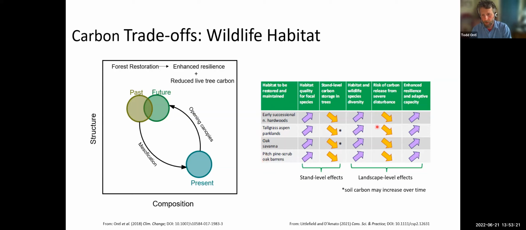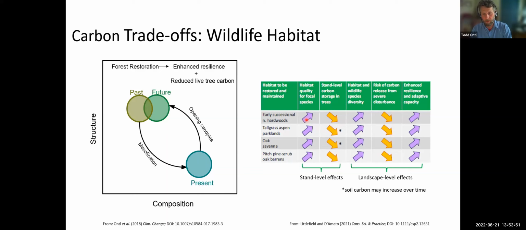And what this figure shows is essentially the same pattern for all of these ecosystems: when restoring those conditions, those open woodland, savanna, barren sort of conditions, they're removing stand level carbon storage, particularly in that aboveground tree biomass, but we're improving the habitat quality for the focal species.